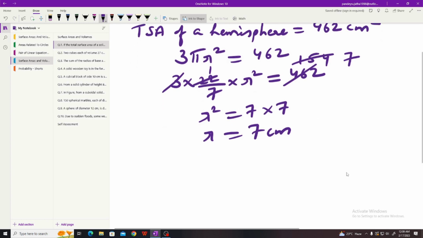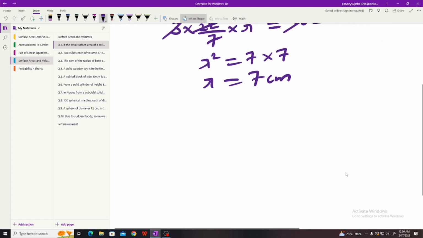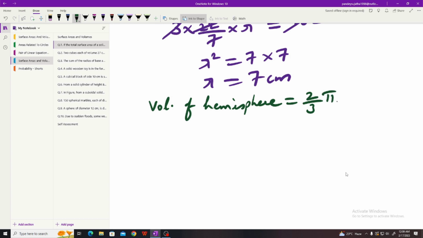So volume of a hemisphere is 2 upon 3 pi r cube. Put the values: 2 upon 3 into 22 upon 7 into, and the radius is 7 into 7 into 7. So cancel it.